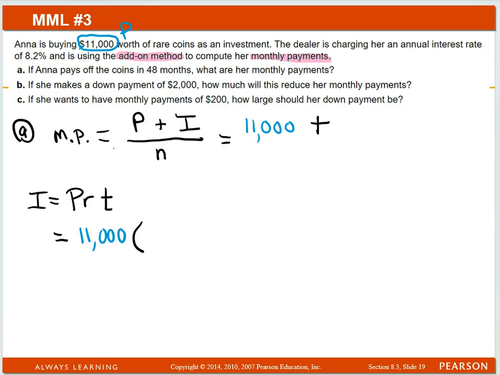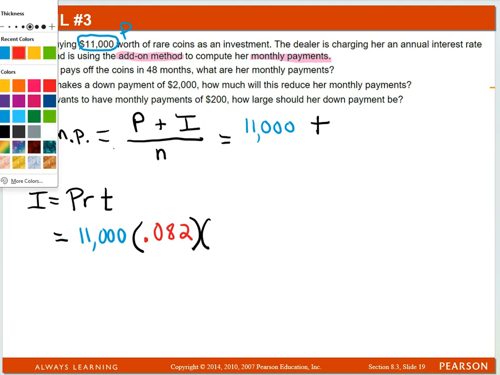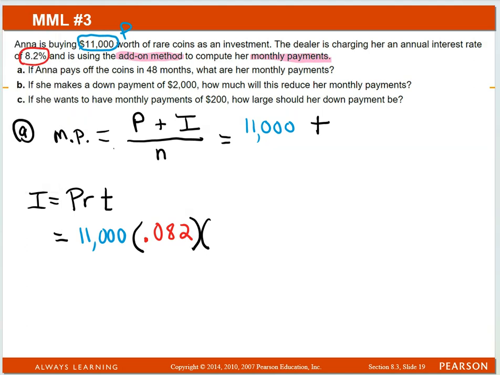Our interest rate was 8.2%, so that is 0.082, because you divide it by 100, which moves the decimal 2 places to the left. So 0.082 times the time.